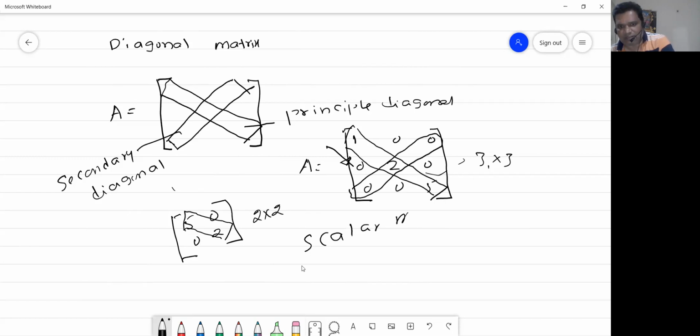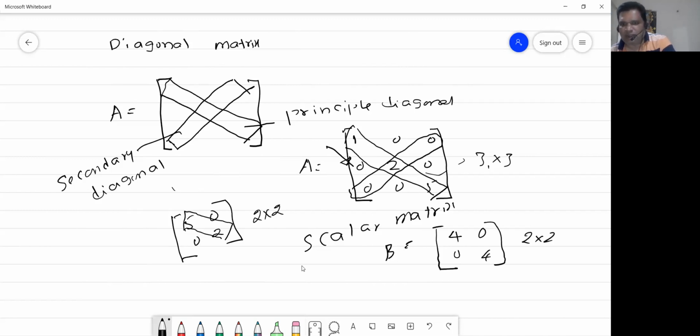I'll write an example. I'll write a matrix B is equal to 4, 0, 0, 4. What is the order? 2 into 2.